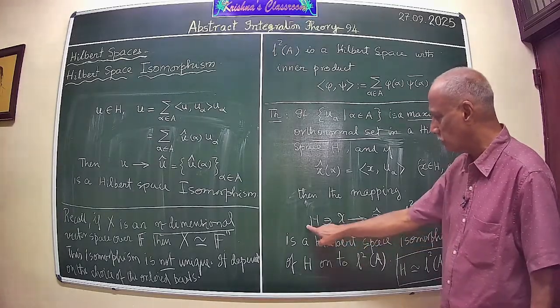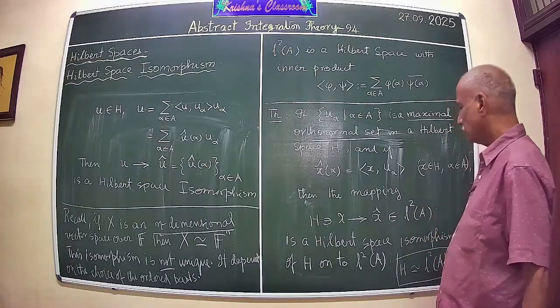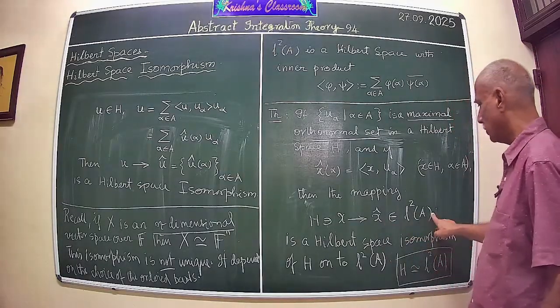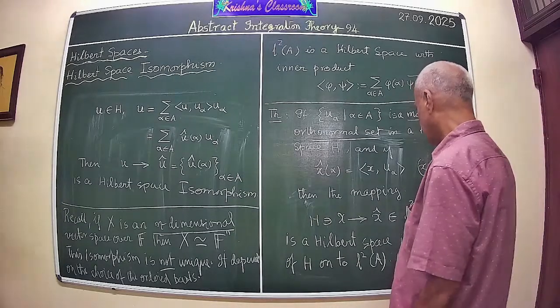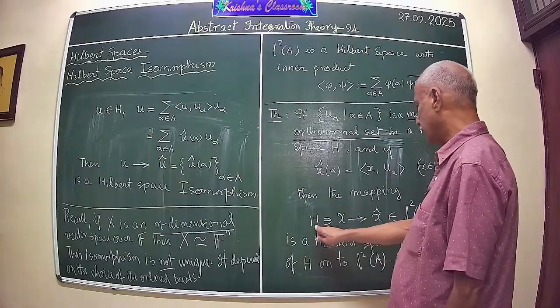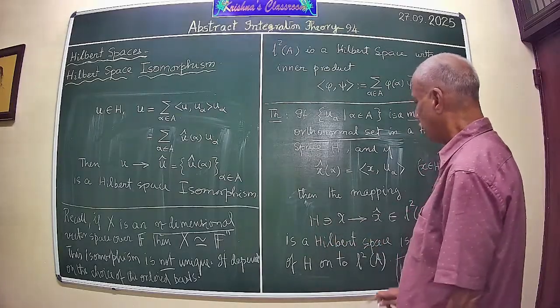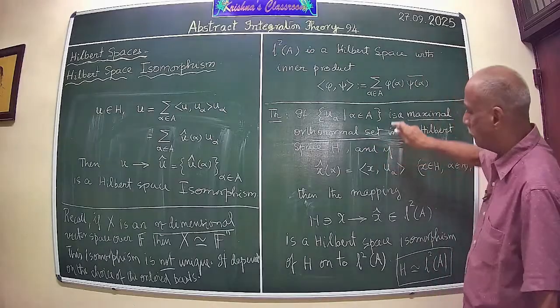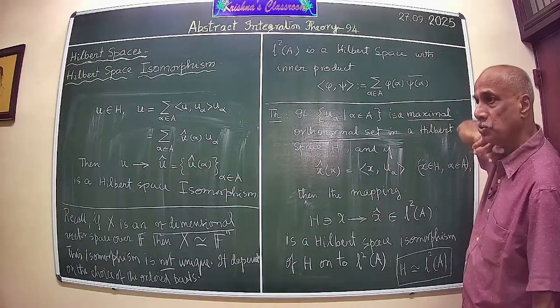So for x belonging to H, you have x hat belonging to L2. So you have this connection, that is, x is connected to x hat. That defines the isomorphism between H and L2A. And you see that this is dependent on the maximal orthonormal set that you choose.